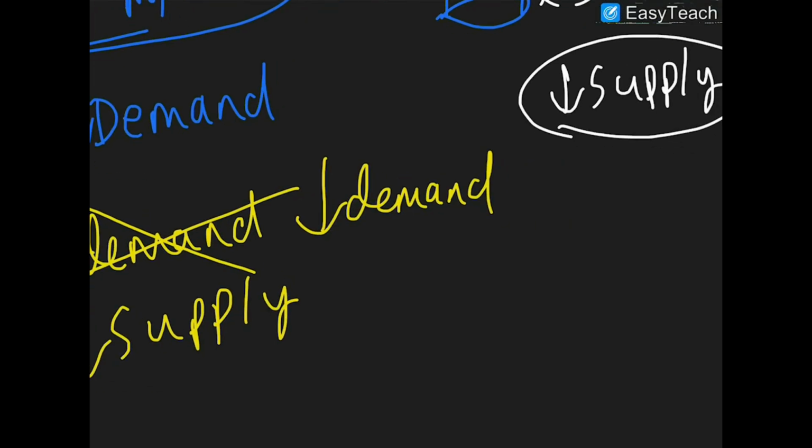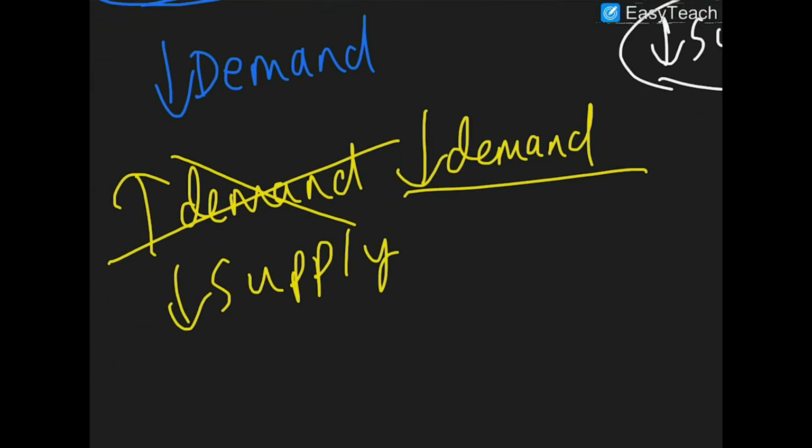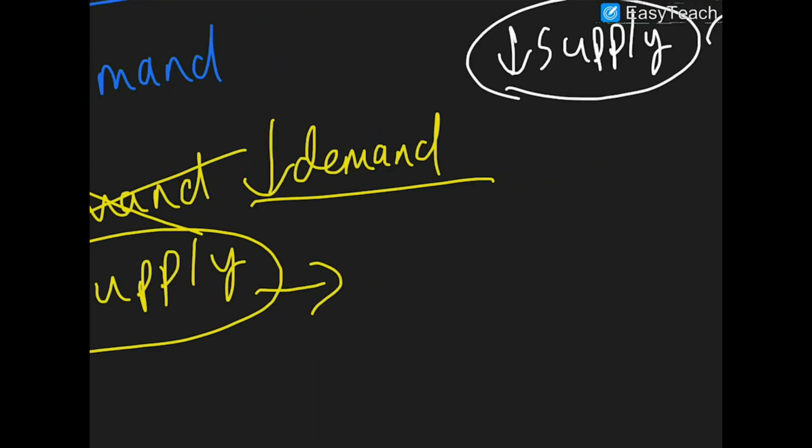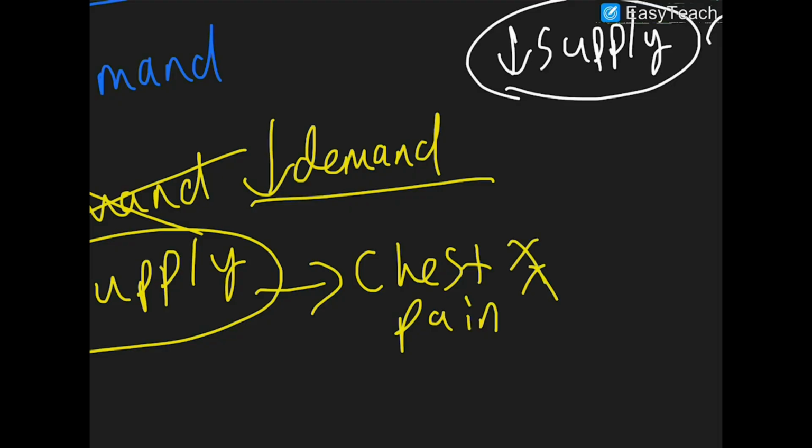So now that should make sense. If you reduce the demand, then whatever supply that your left ventricular myocardium was getting will be good enough to the point where you won't have that chest pain anymore. Okay, you won't have that chest pain anymore, and that's why unstable angina is a clinical use for nitrates.